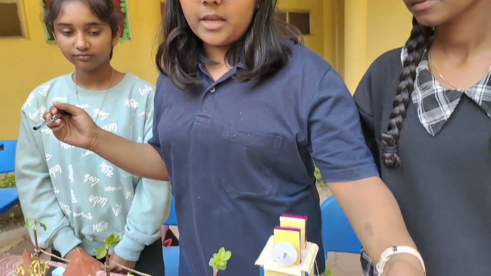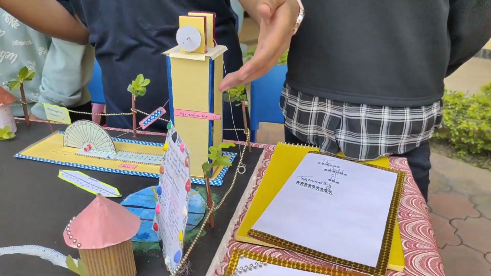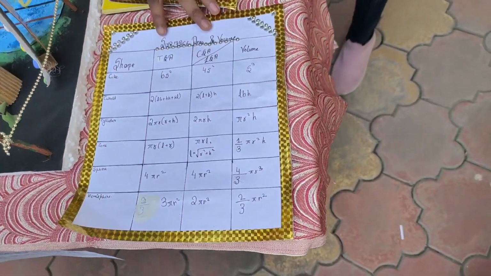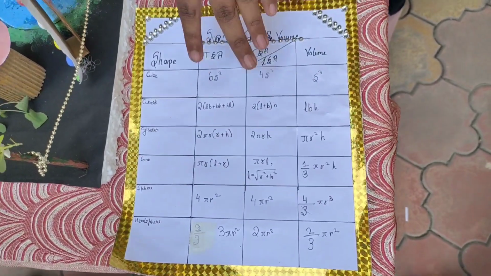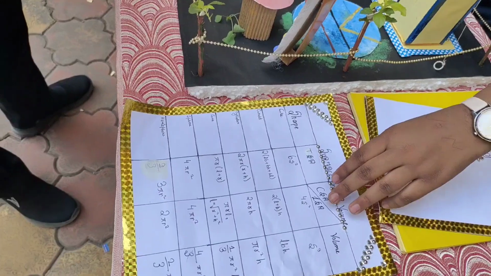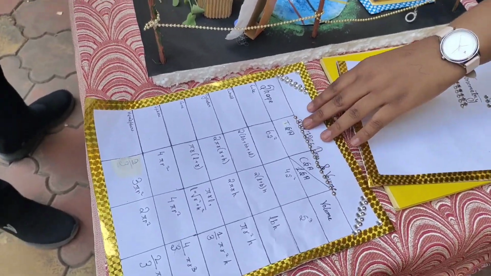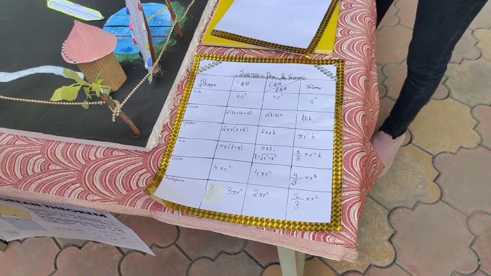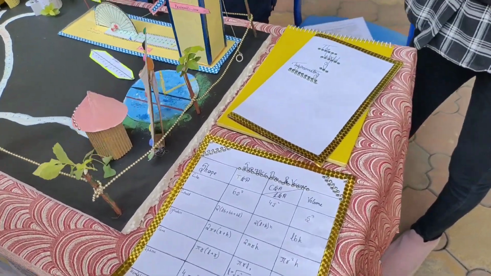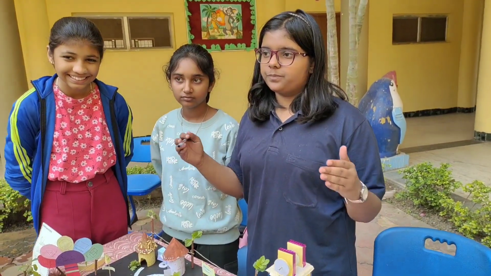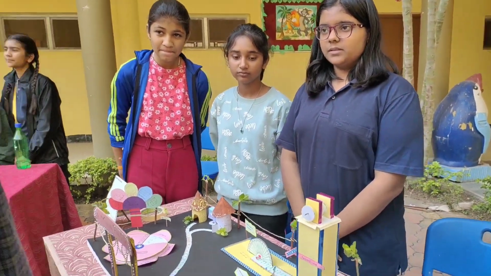Here are the algebraic equation formulas, and there are surface area and volume formulas. We can use this to find the value of CSA, volume, or total surface area of either cone, sphere, or hemisphere. These all that we have made are usually used in everyday life. What is the difference between cube and cuboid?